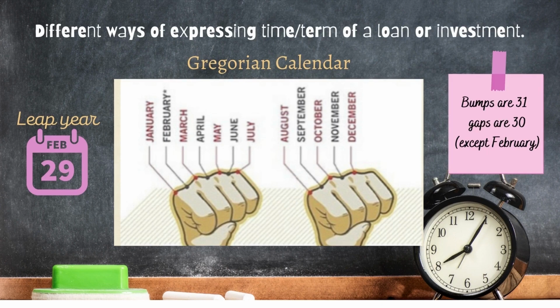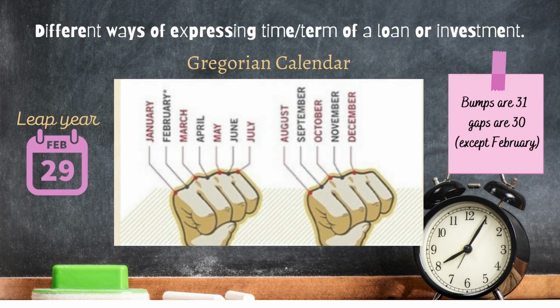For easy identification of the number of days in a month, you can make use of your knuckles. As you can see in the figure on your screen, if the month is located in your bumps, it means that the month has 31 days, like January, March, May, July, August, October, and December.